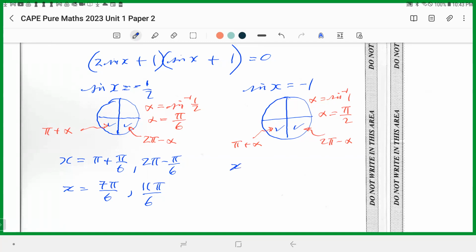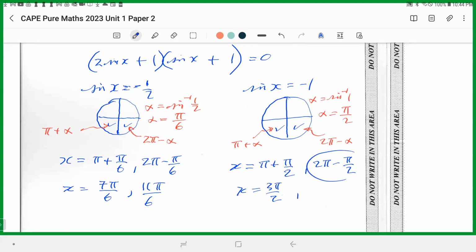The x becomes equal to pi plus pi by 2, because alpha is pi by 2, or 2 pi minus pi by 2. Both of them give the same answer. This is the same as 2 over 2. It becomes 3 pi by 2.